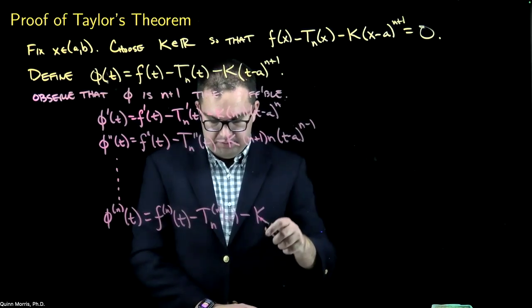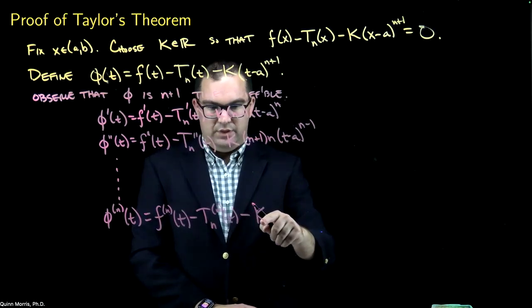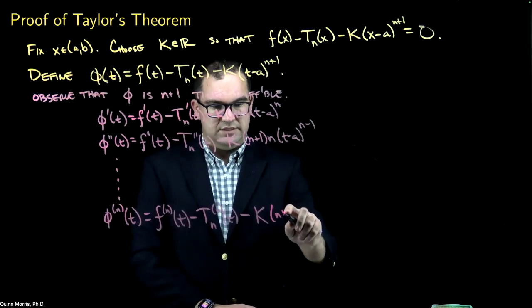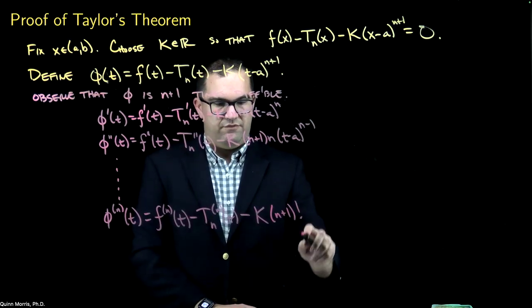And so what we actually end up with here is n plus 1 factorial.